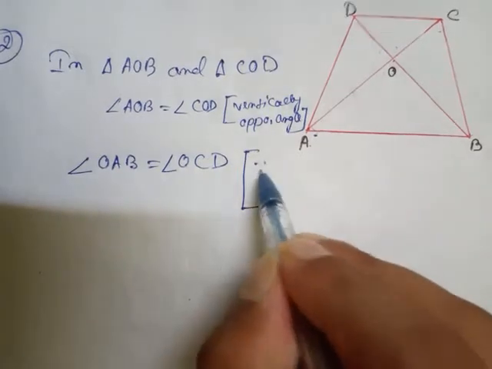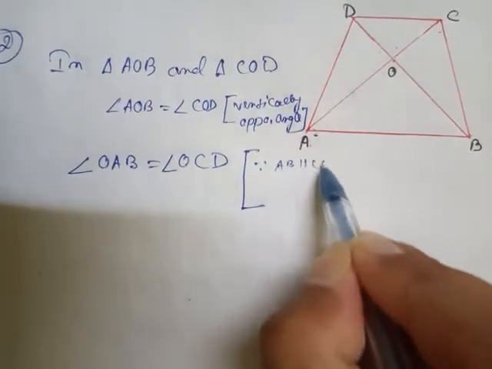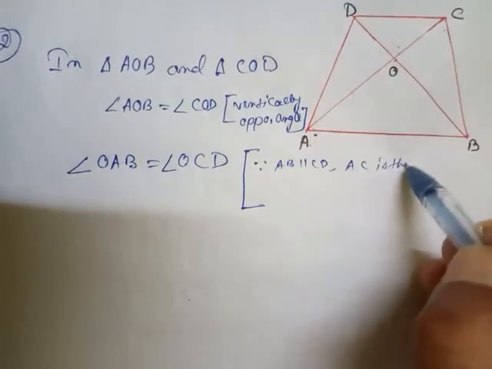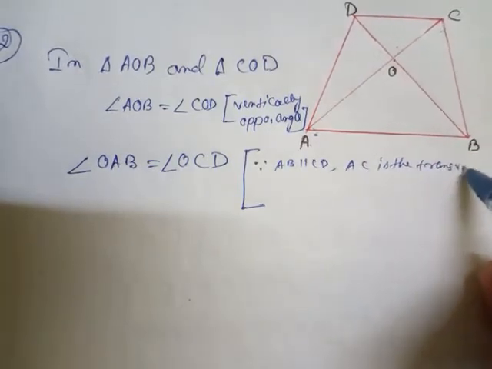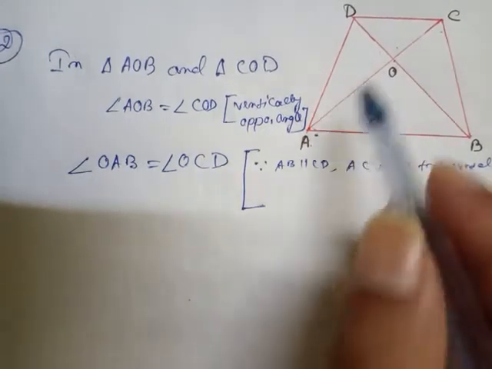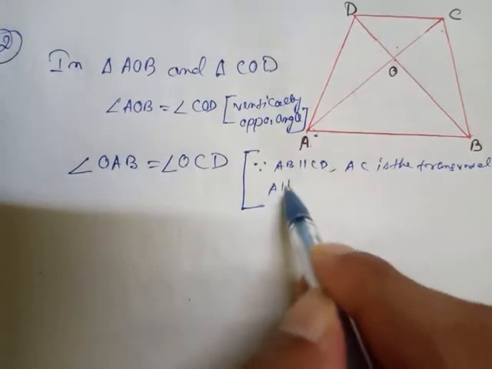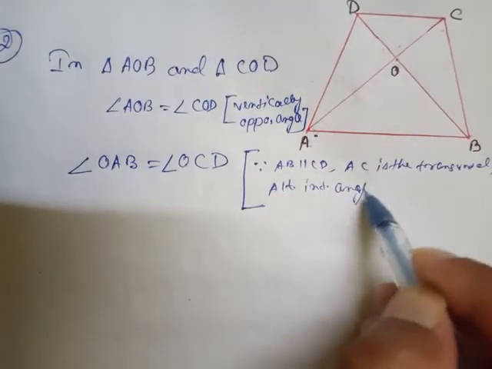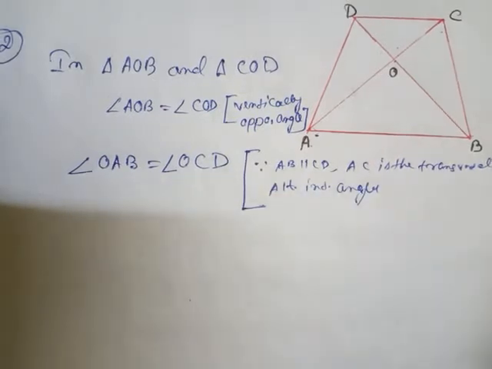Since AB parallel CD and AC is the transversal, these two are alternate interior angles.